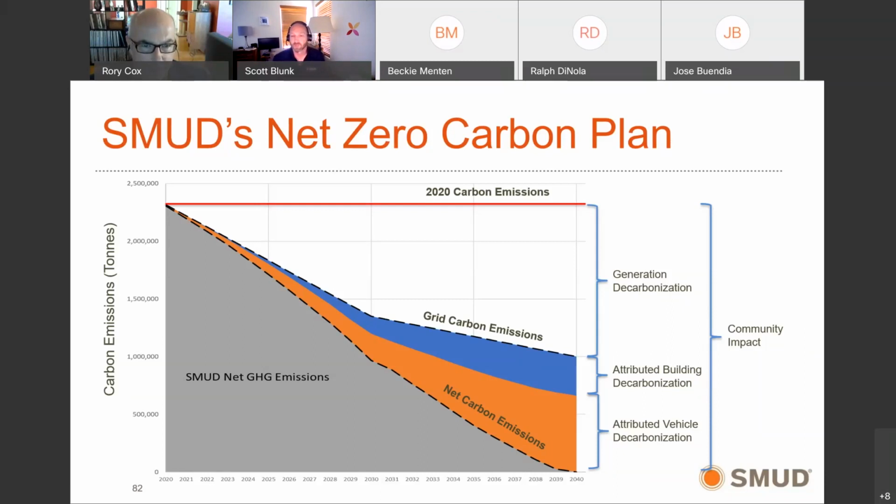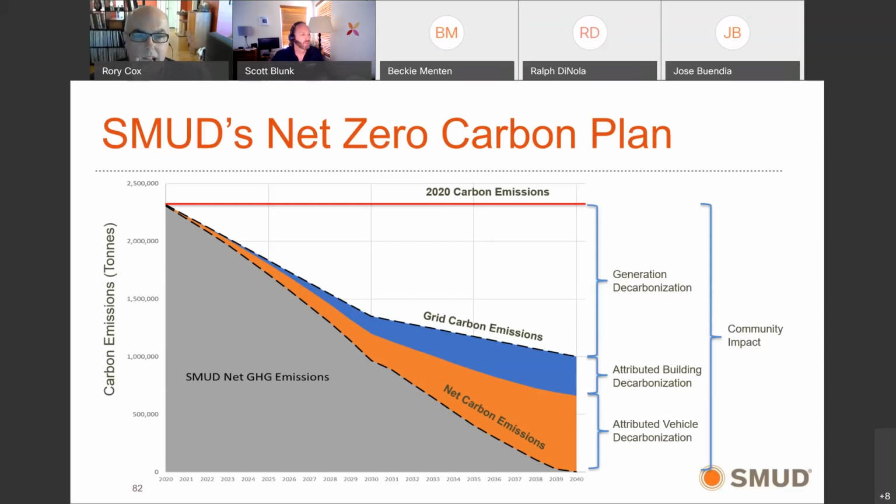Net zero carbon plan. We'll have some carbon emissions from our supply on the grid in 2040, and the plan is to zero that out or net it out through doing more vehicle and building electrification. Part of this plan is that we're hoping to electrify 100% of low-income households.